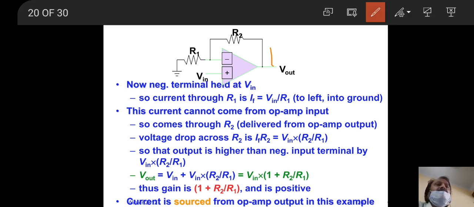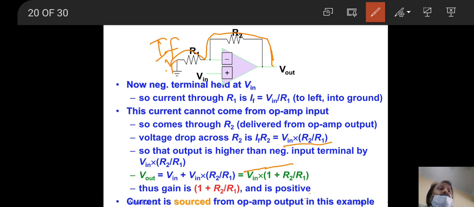The current comes from R2. So the voltage drop across R2 is IF R2, which is Vin multiplied by R2 by R1.